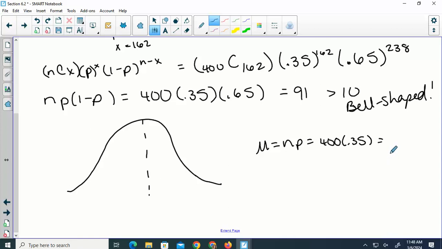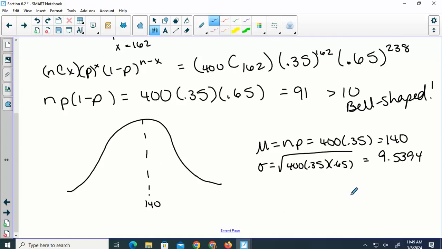And we get, so the mean is 140. The standard deviation is the square root of n times p times 1 minus p, and we get 9.5394.